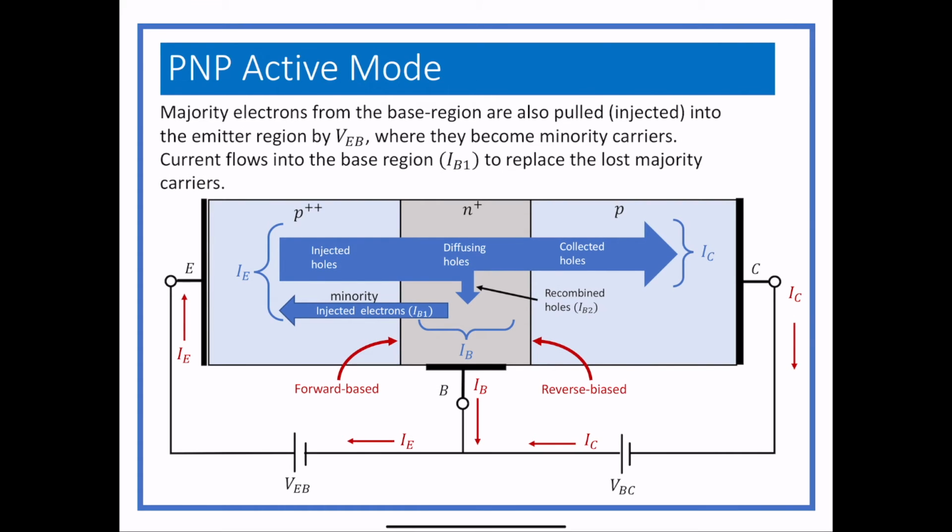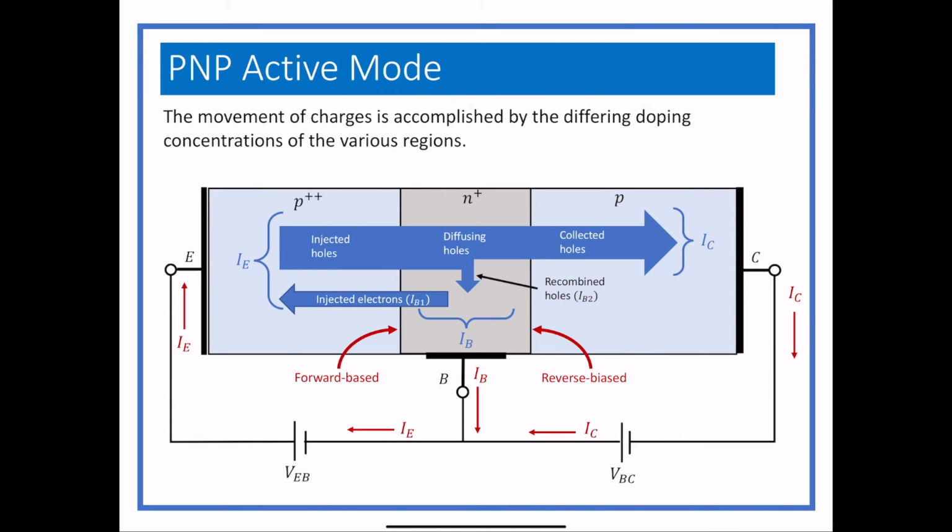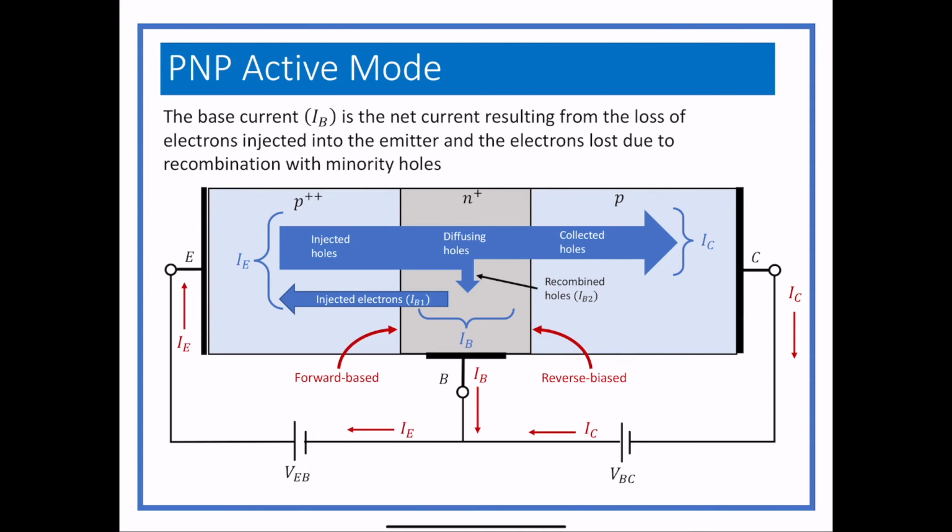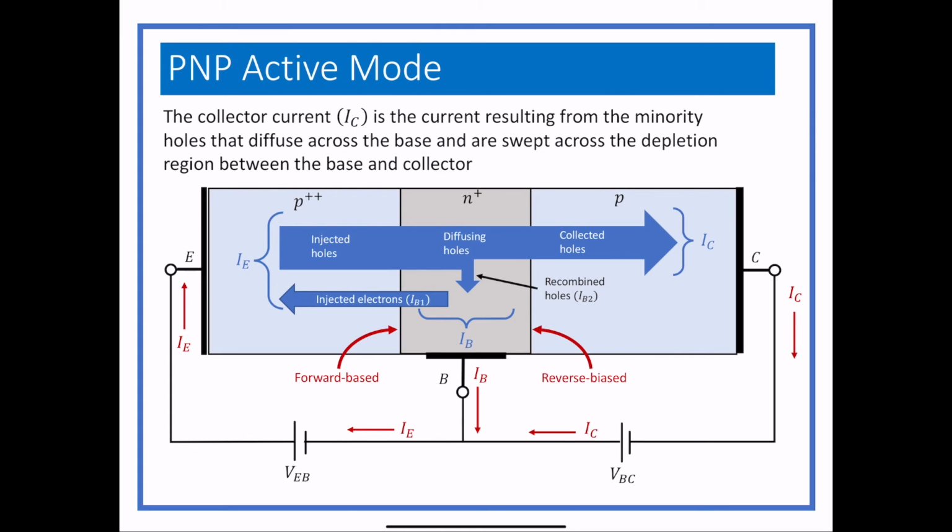And then we get some electrons that get injected into the emitter region because of the positive charge on the emitter, and then we get some current flowing in, and we get the same kind of current flow. All right, so that's pretty much the same and the same.